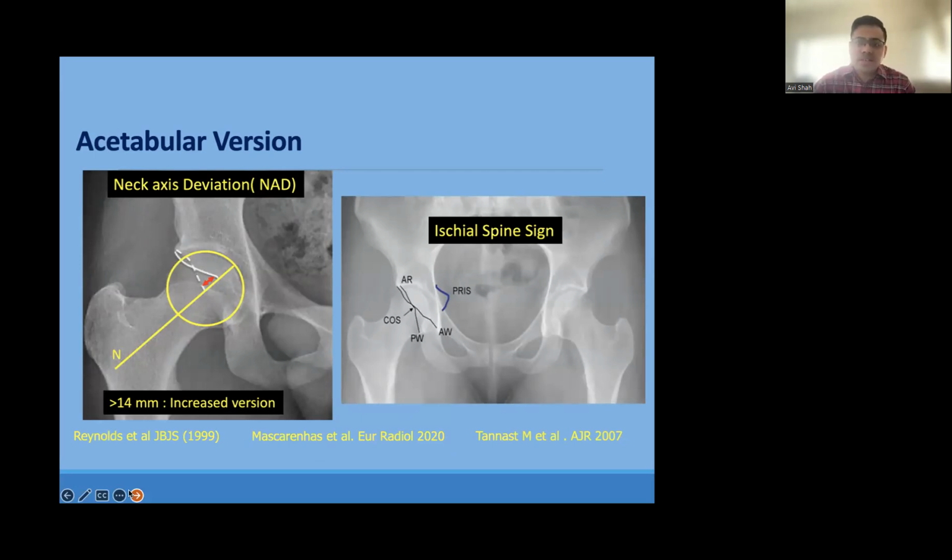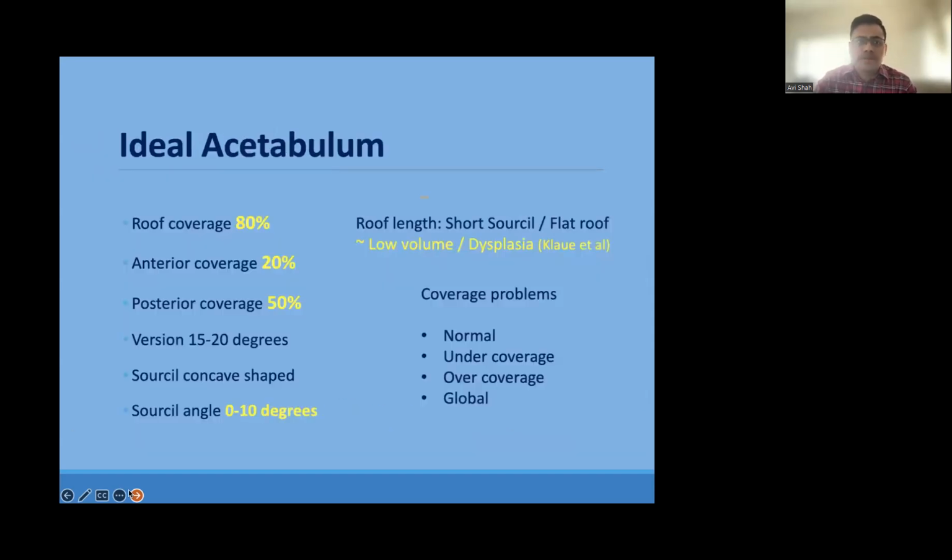Similarly, there is an ischial spine sign which shows a prominent ischial spine, which is also a soft indicator and marker of retroversion. So the ideal acetabulum should have a roof cover of average around 80%, anterior coverage of about 20%, posterior coverage of about 50%.